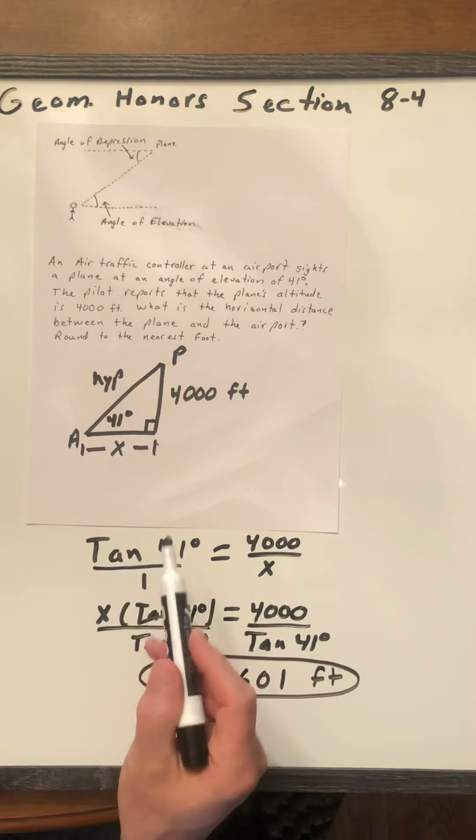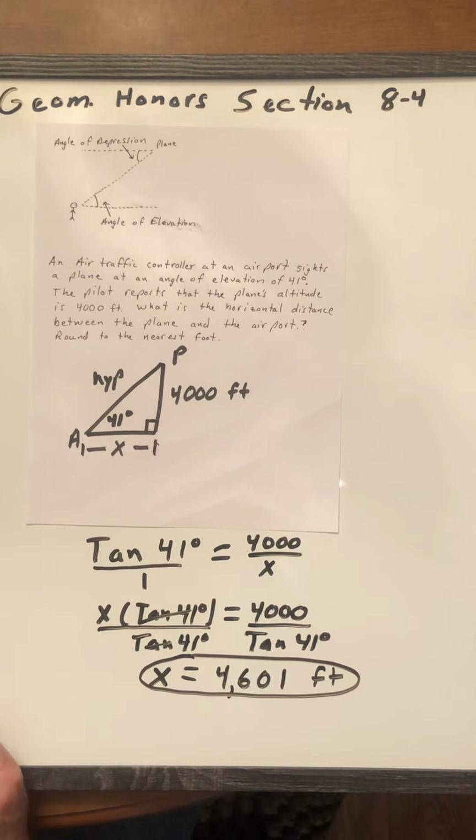You just have to figure out whether it's going to be sine, cosine, or tangent, and then solve for the missing side of your right triangle. Again, if they give you a diagram, that's good. If they don't, then you need to draw out a diagram and then come up with your setup using sine, cosine, or tangent.